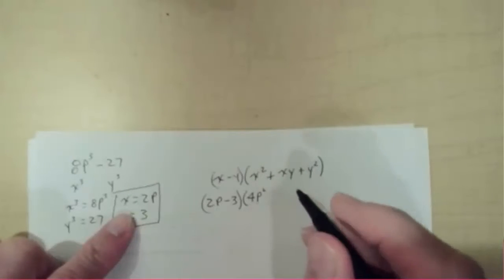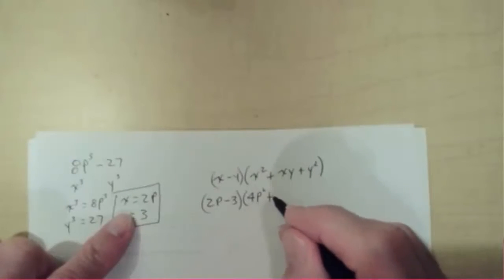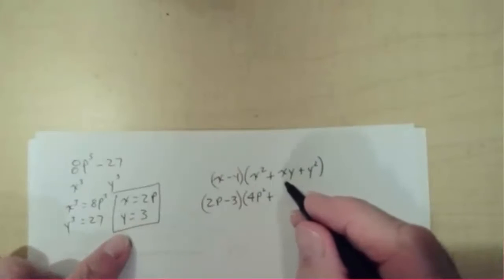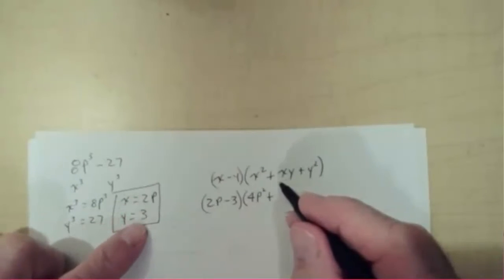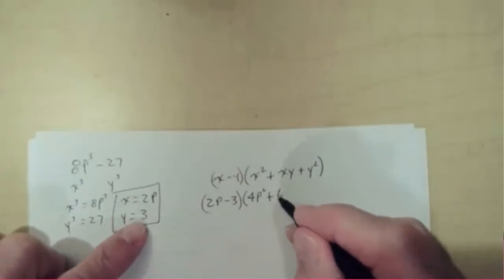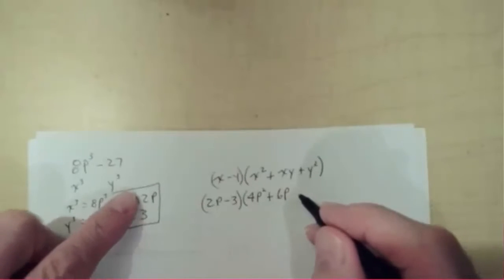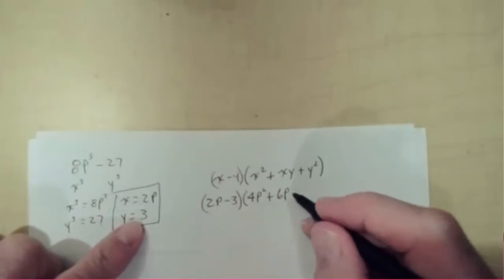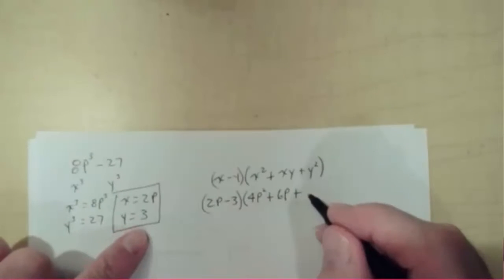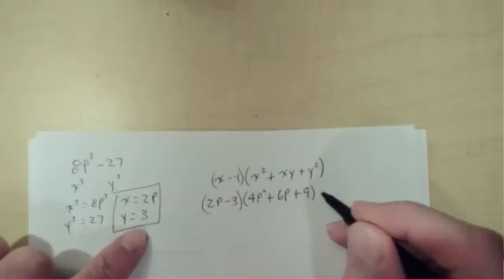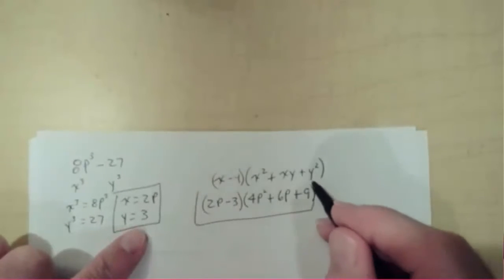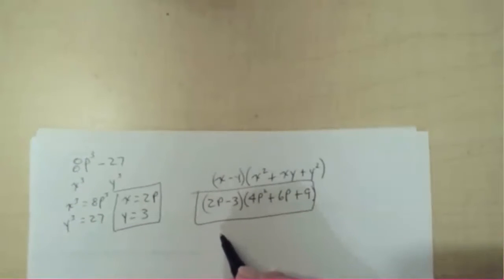Plus xy, 2p times 3 is 6p. 2 times 3 is 6. Plus y squared is 9. Okay? That's about it.